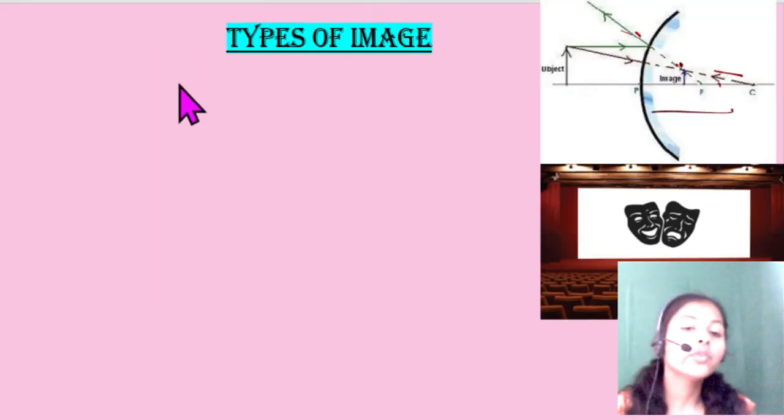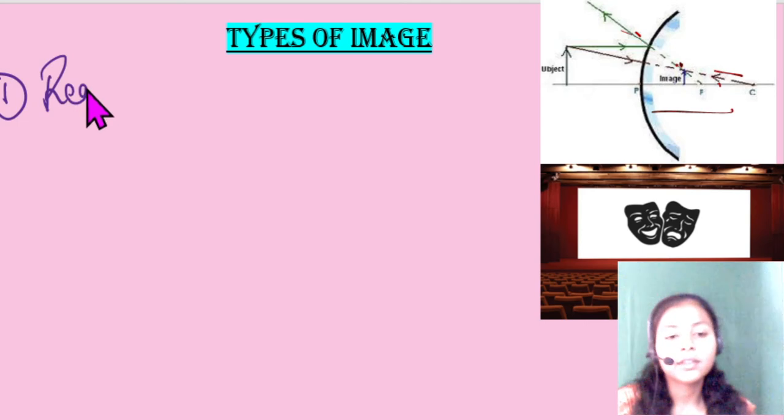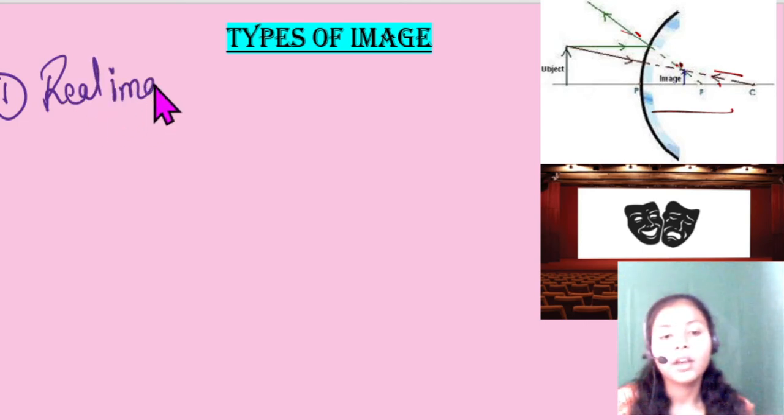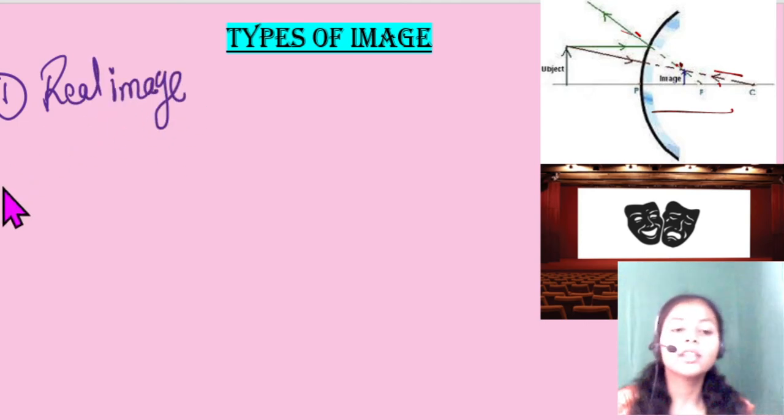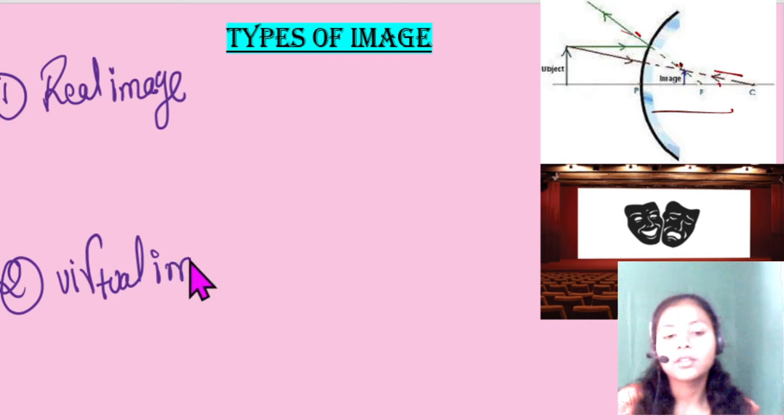So now we are going to read about the types of image. So what are the types of image? The first one is real image, and the second one is virtual image.